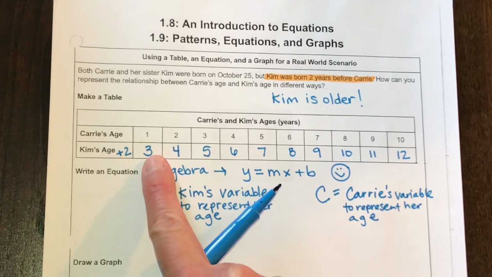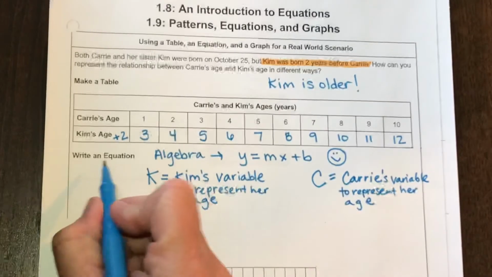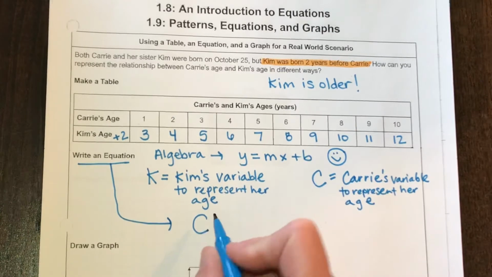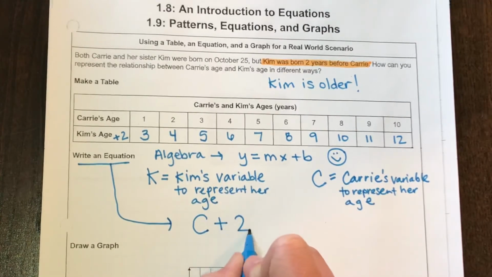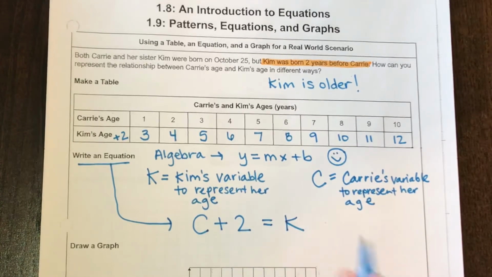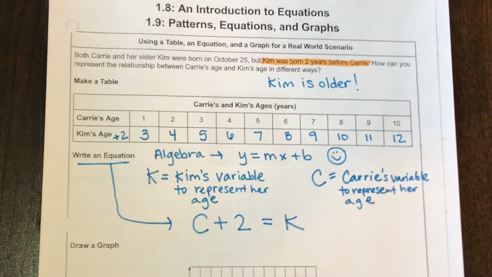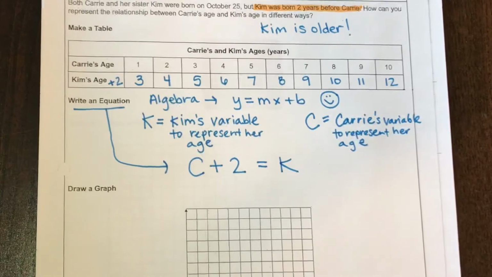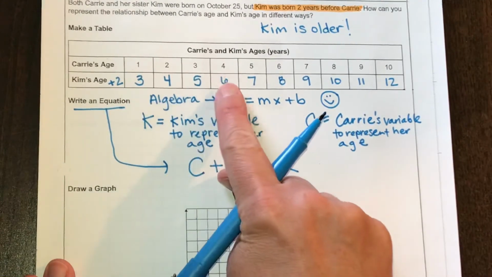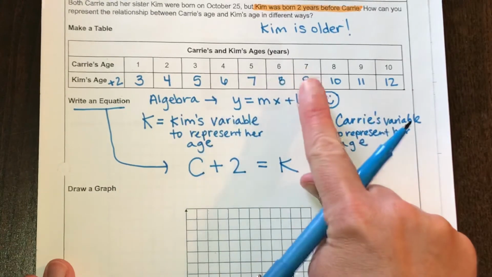So I'm going to say that one more time. If I know Carrie's age and I add 2 years to her age, I know how old Kimberly will be. So that's my equation. Do you notice how this bottom row is going up by 1?